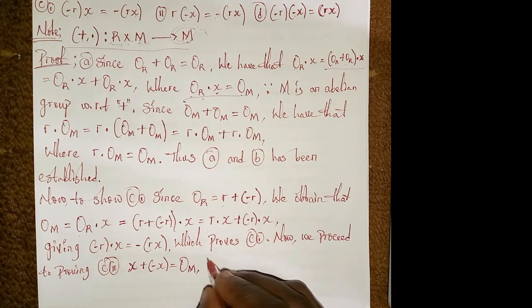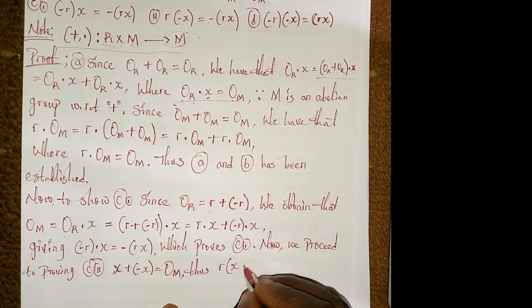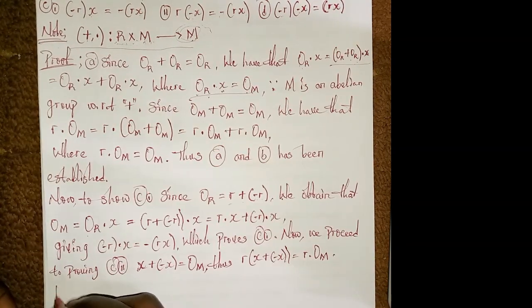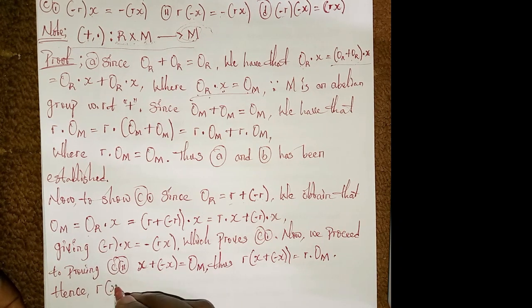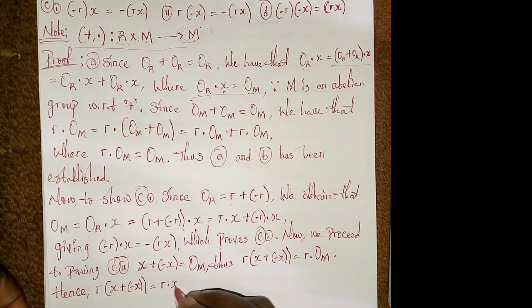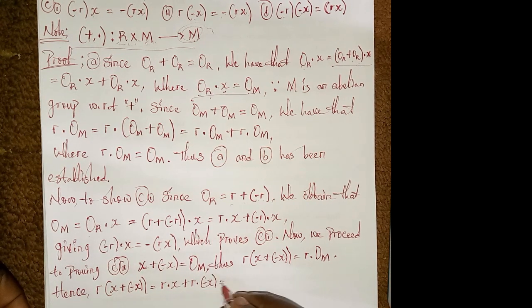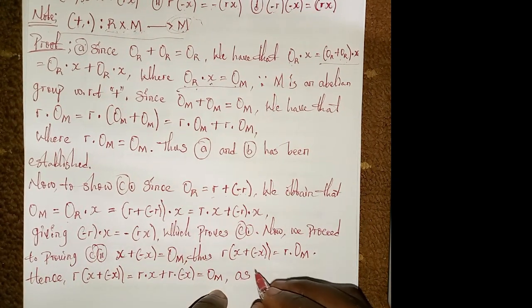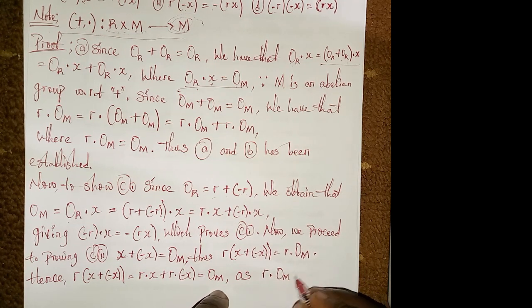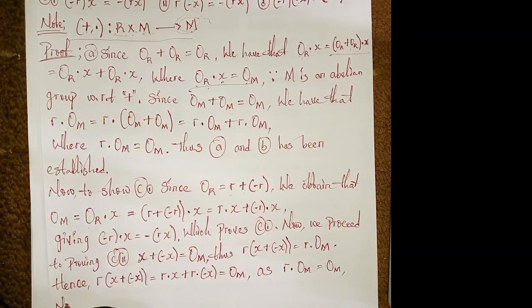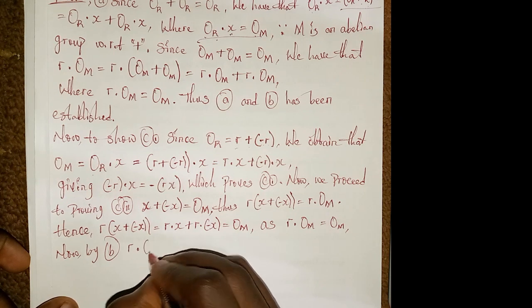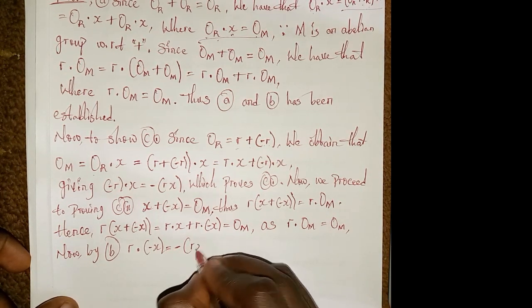We proceed by proving C2, in which we say that X plus negative X is equal to the zero module of M. Thus, we have that R multiplied by X plus negative X is equal to R multiplied by the zero module of M. Hence, R multiplied by in bracket X plus the negative of X is equal to R multiplied by X plus R multiplied by negative X, which is equal to the zero module of M. Now, our condition, which has been earlier stated as R dot the zero module of M is equal to the zero module of M. Now, by condition B, which we've proved before, we have that R multiplied by negative X is equal to negative Rx.